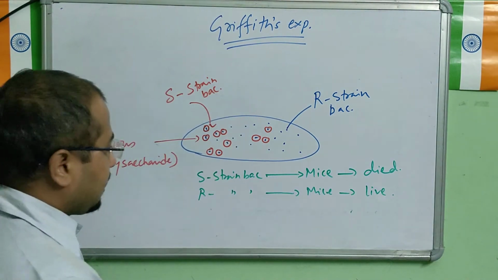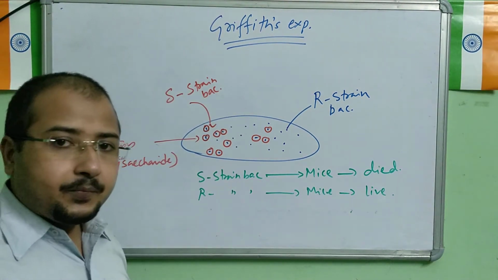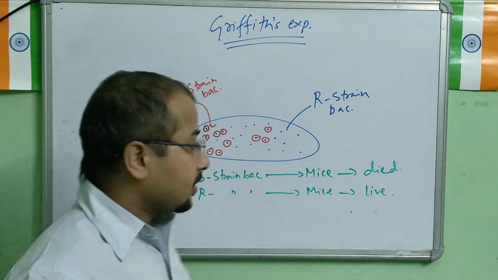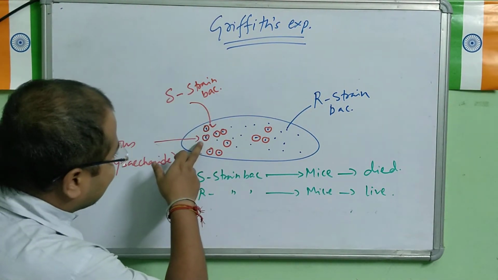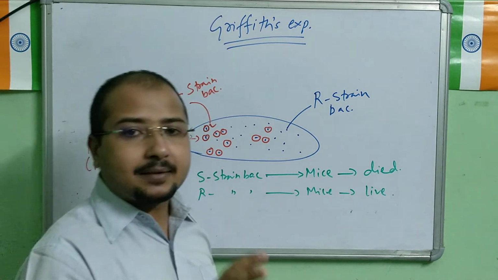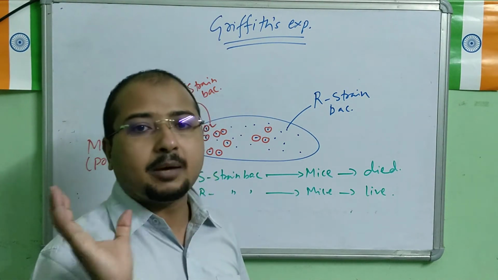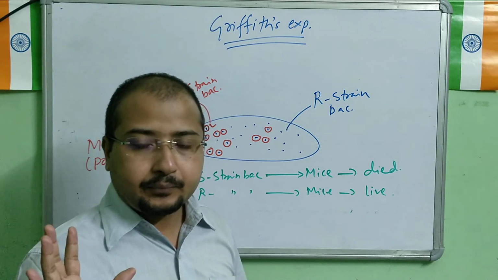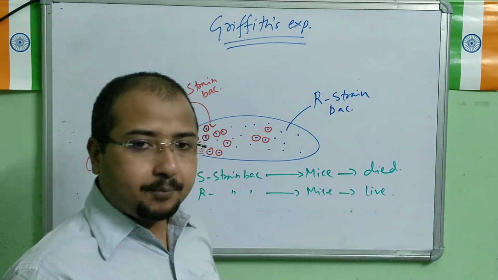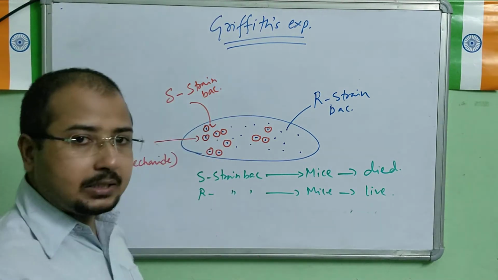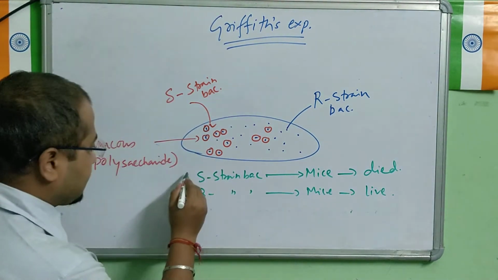Now what Griffith did, he killed the S strain bacteria by heating.